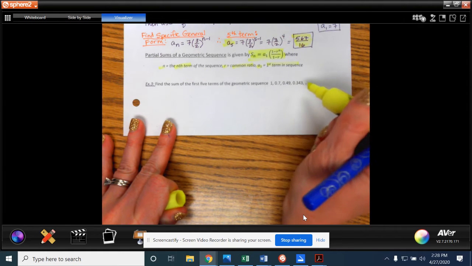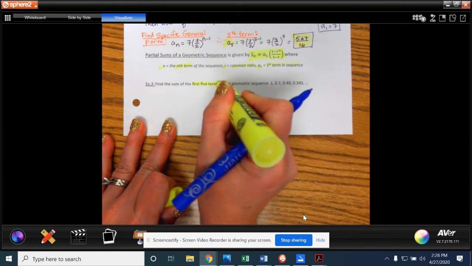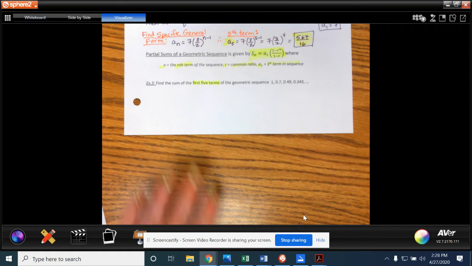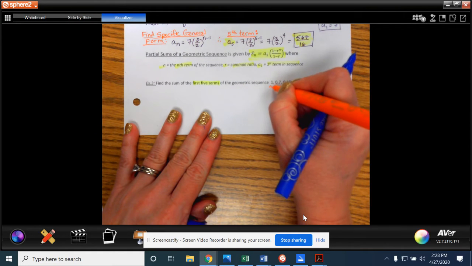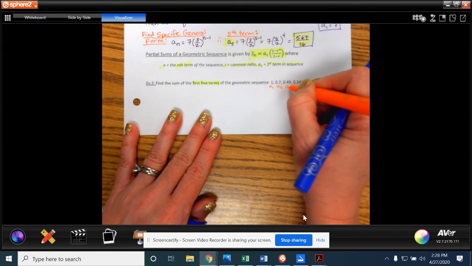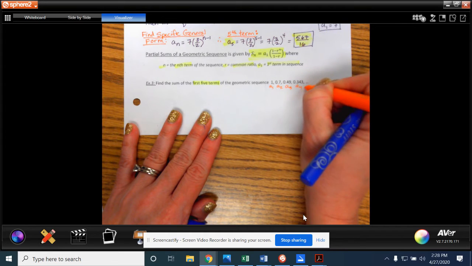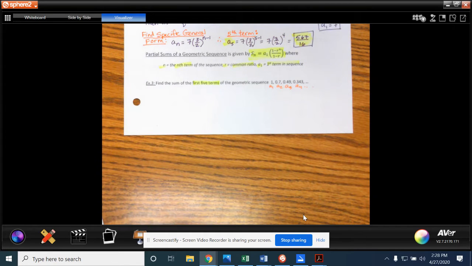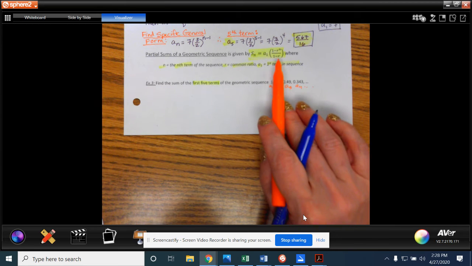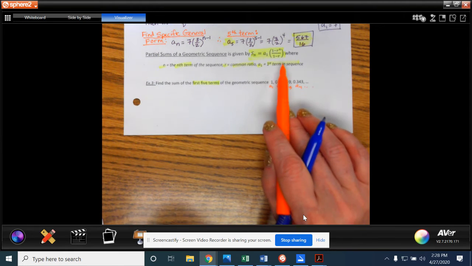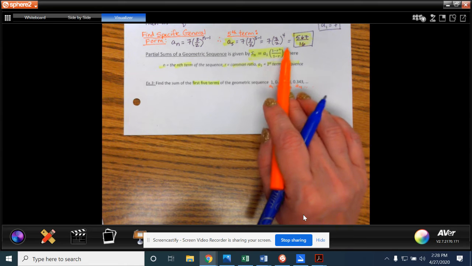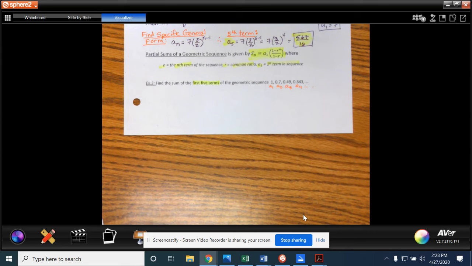It has 4 terms, but I need the first 5. If this helps, this is your A1, A2, A3, A4, dot, dot, dot. Do I need to find the 5th term? No, that's not what I need. I need A1, I need R, and I need N.